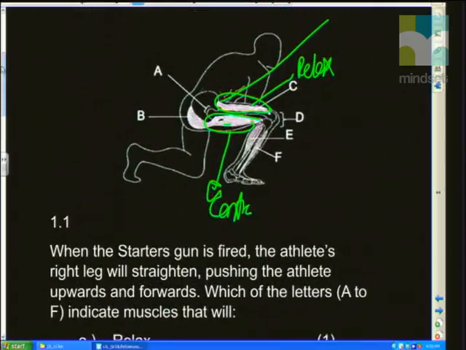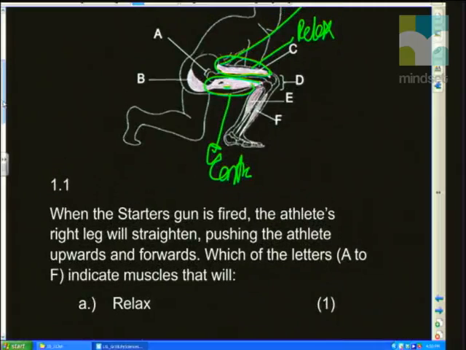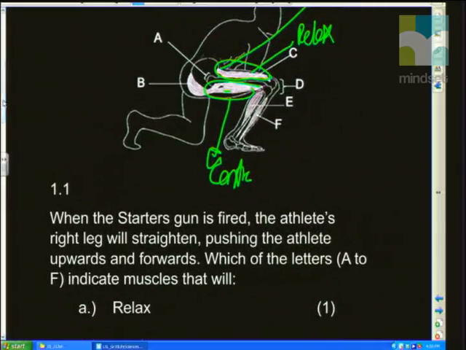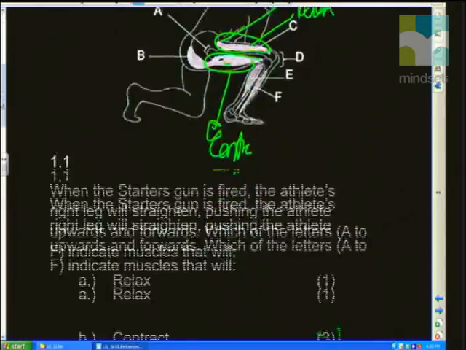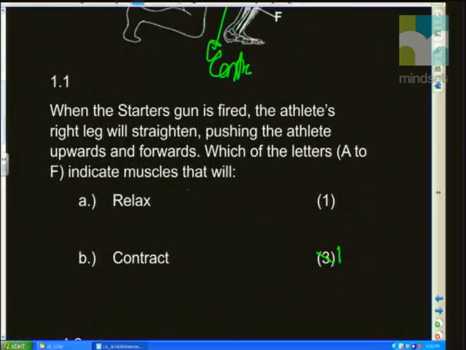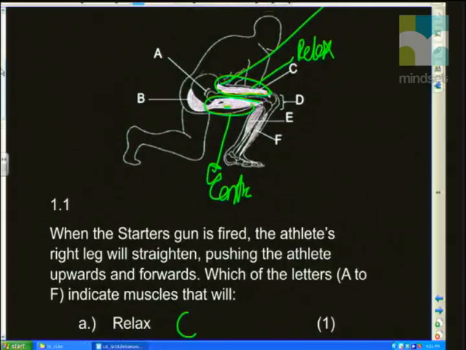Relaxes, we are going to have number C, right? And contract, let's see, which one was it? Number B. All right, so relax, number C, contract, number B. We're not finished. Have a look over here. When you're going down and you get up, you straighten like this.